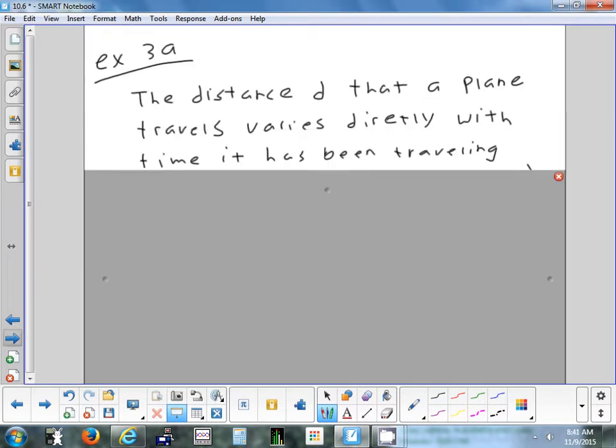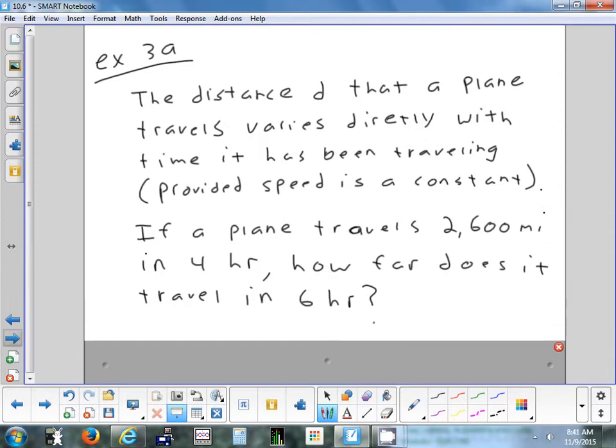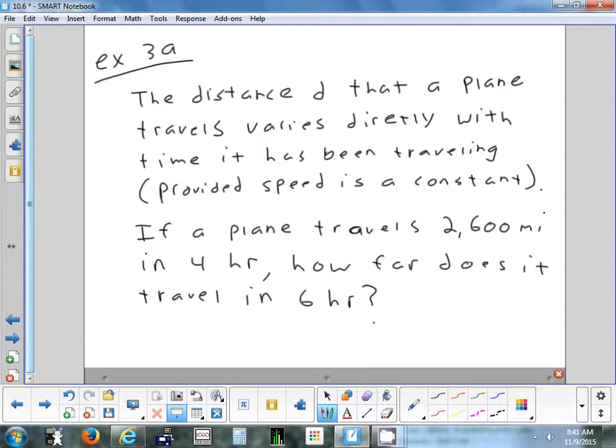You guys have this on your sheet. So, this first part here: the distance d that a plane travels directly varies with the time it has been traveling, provided speed is a constant.